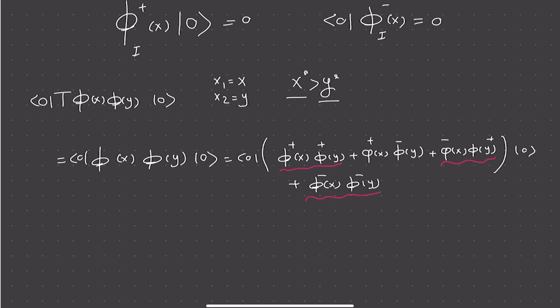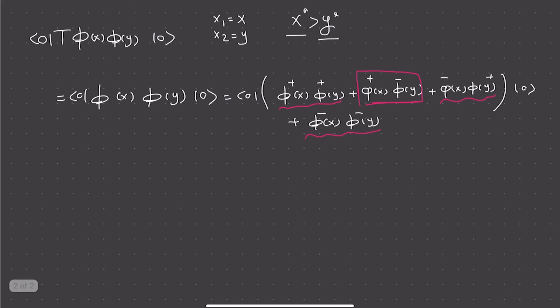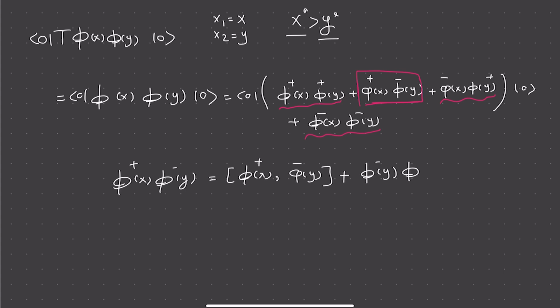The only term which is surviving is the one in the box. But the one in the box, phi x positive and phi y negative, can be re-expressed in this way. It can be phi x positive, phi y negative in commutation, plus phi y on the left side and phi x on the right side.